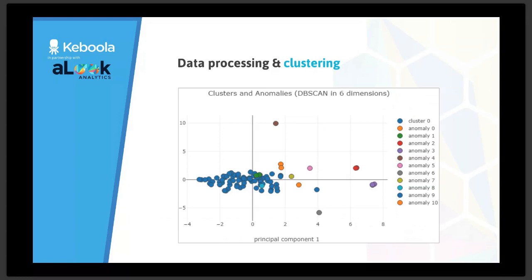The reason we do clustering is that, until this step, we are dealing with an unsupervised, unlabeled training set, right? So it's unsupervised learning. We don't know anything about the images. We don't know which image is an image of an OK piece, and which of them are images of defects.